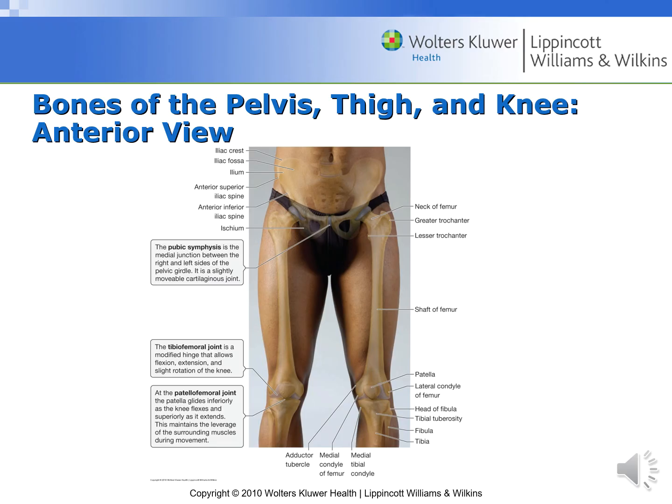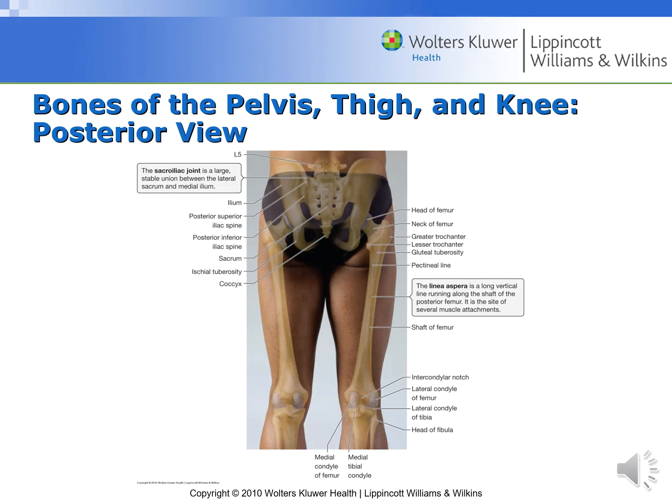We see the head of the fibula bone. We see the tibial tuberosity, and we see the fibula bone, and we see the tibia bone. We can also see medially the adductor tubercle, the medial condyle of the femur, and the medial tibial condyle.